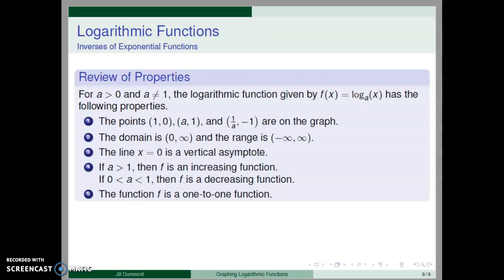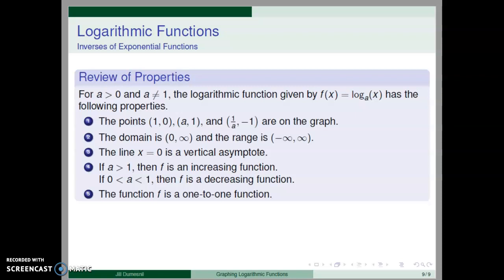The line x equals 0, or the y-axis, is a vertical asymptote of the graph. If a is greater than 1, then the logarithmic function is increasing, and if the base a is a decimal or fraction between 0 and 1, then the logarithmic function is decreasing.